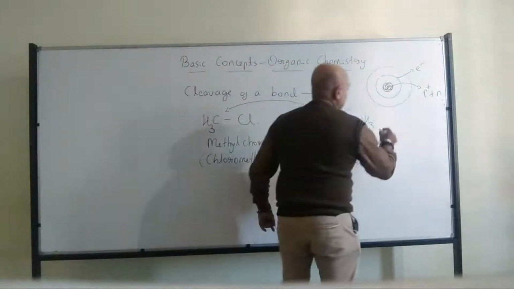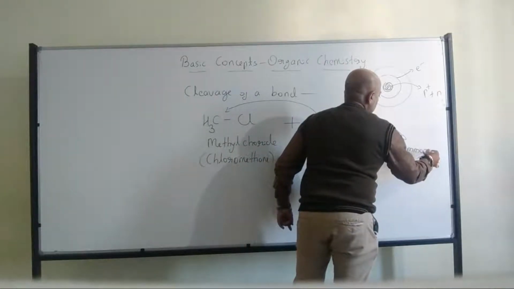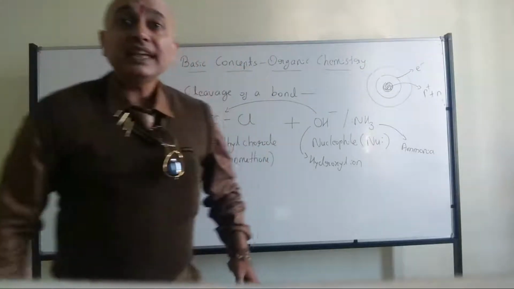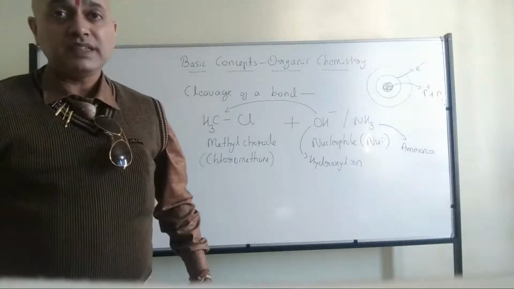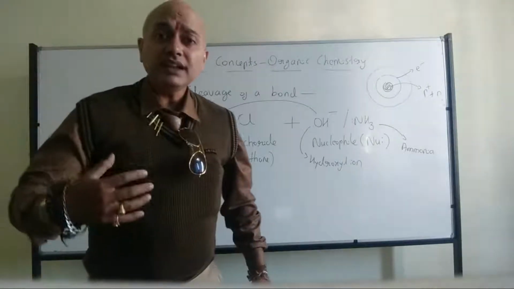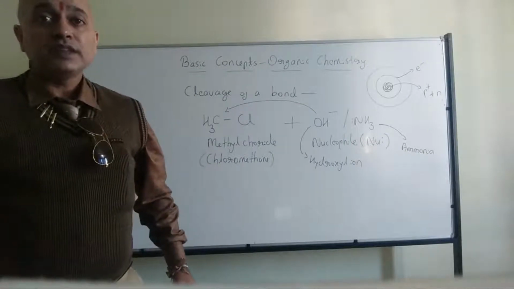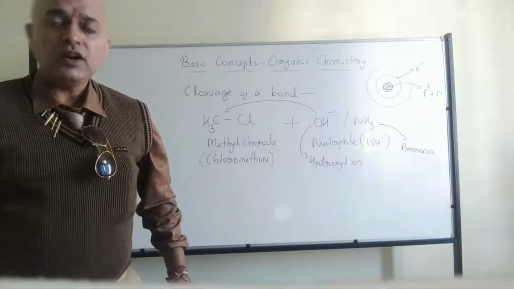So why are they called nucleophiles? Because they are electron-rich or have a lone pair of electrons, they can attack the nucleus. They have affinity towards the nucleus. With that notion, they were given the name nucleophiles, nucleus-attracting species. All of you got my point?